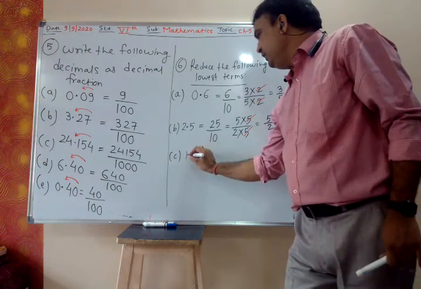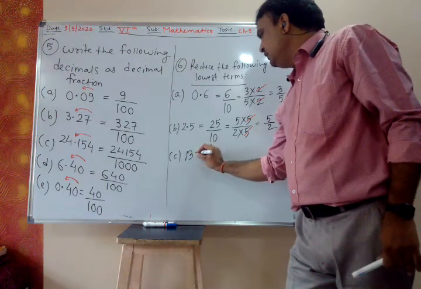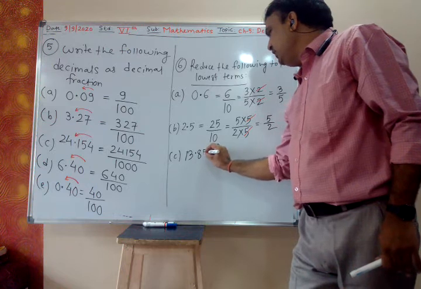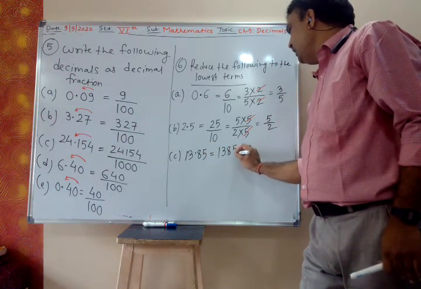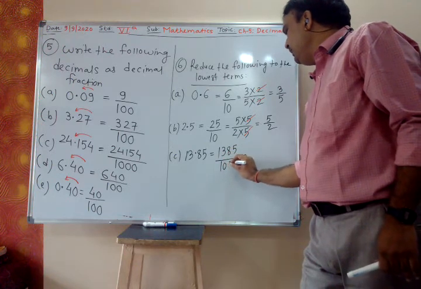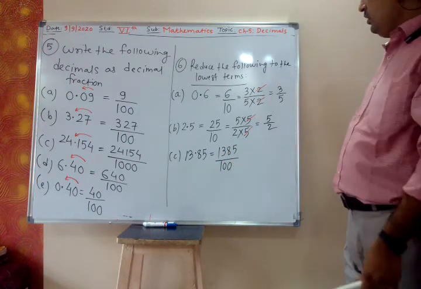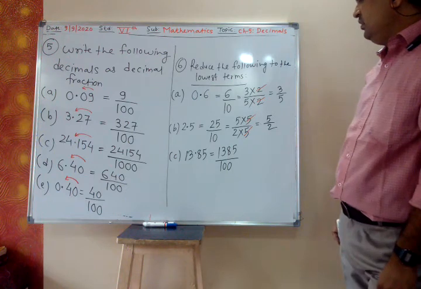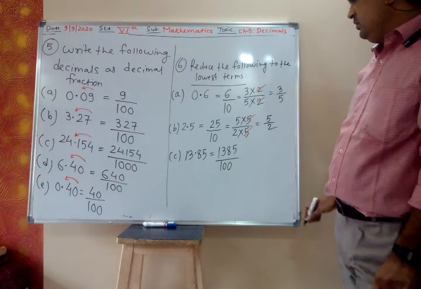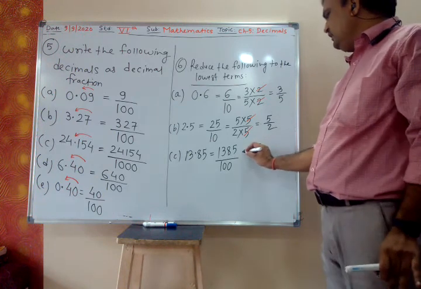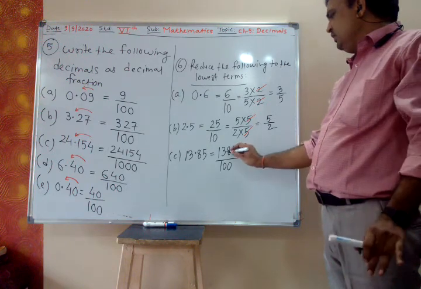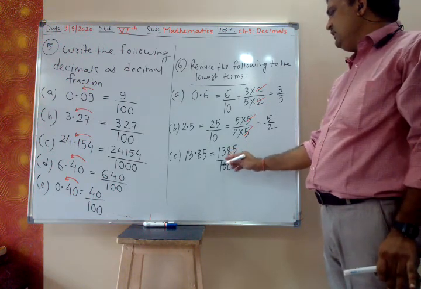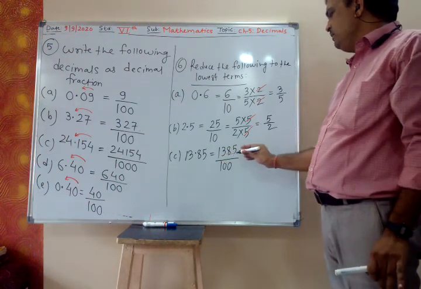Next, 13.85. 1385 upon 100. Let us take the common number 5.